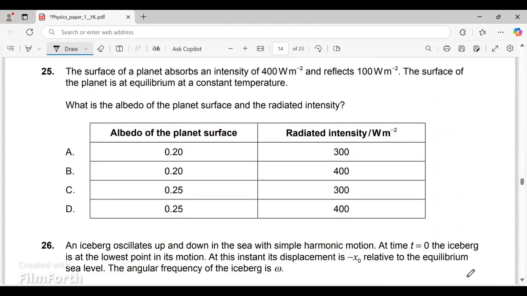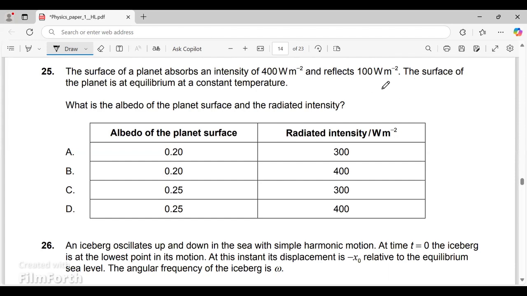The surface of a planet absorbs an intensity of 400 W m^-2 and reflects 100 W m^-2. The surface of the planet is in equilibrium at constant temperature. What is the albedo of the planet's surface and the radiated intensity? I'm going to find the radiated intensity.